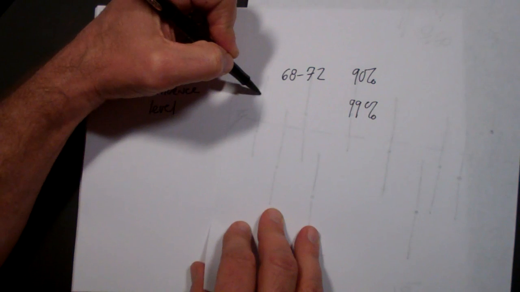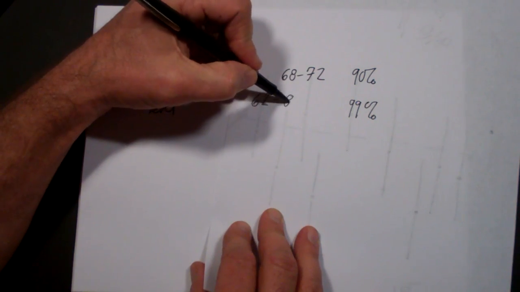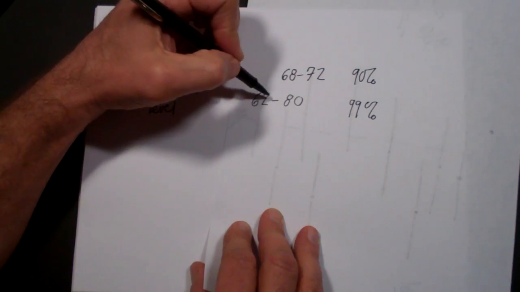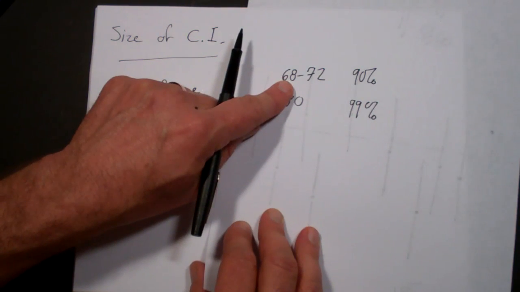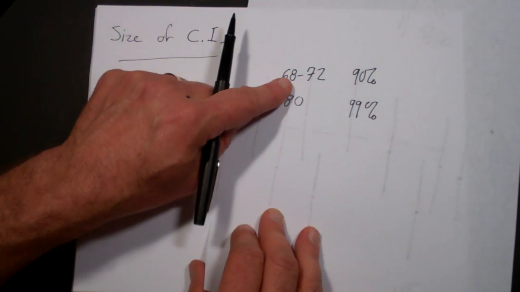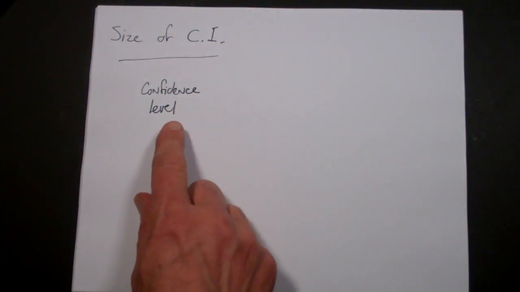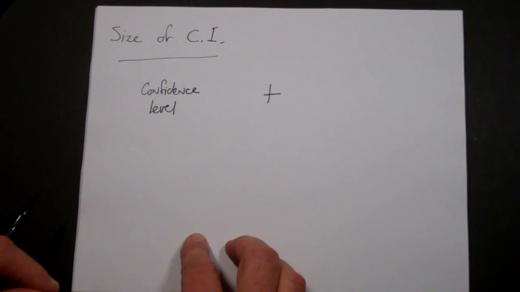I might then say that Joe Biden is between 62 and 80. Right? I'm more sure that he's between 62 and 80 than I am that he's between 68 and 72. So my degree of confidence, or my confidence level, rises. So the larger the confidence level, the larger the size of the confidence interval.